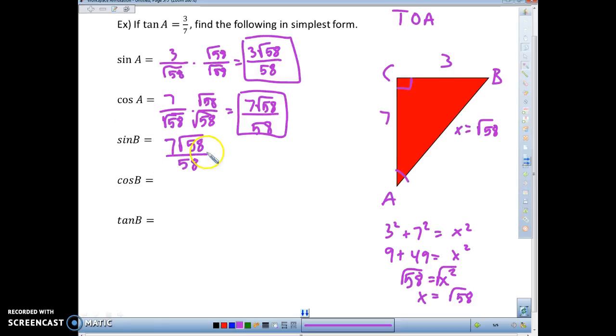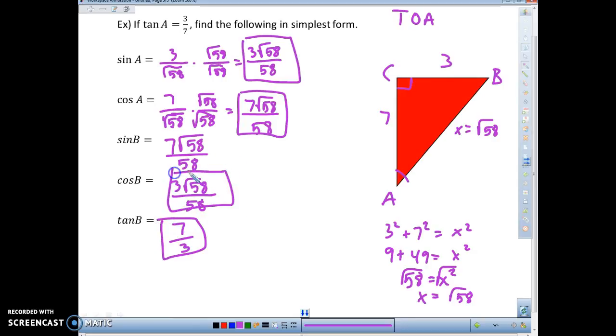And just to double check, here's B. The side opposite is 7 over hypotenuse radical 58. So that's exactly the same. Cosine of B is going to be our sine value, so 3 root 58 over 58. And then tangent of B, opposite over adjacent, is 7 over 3.